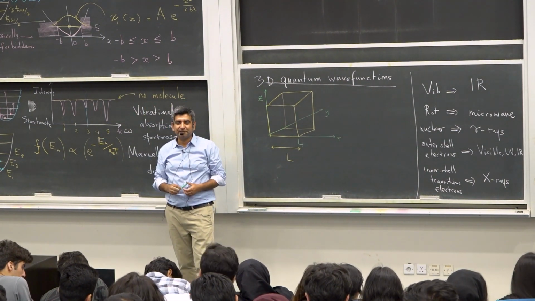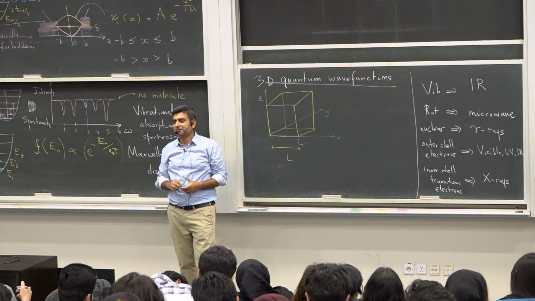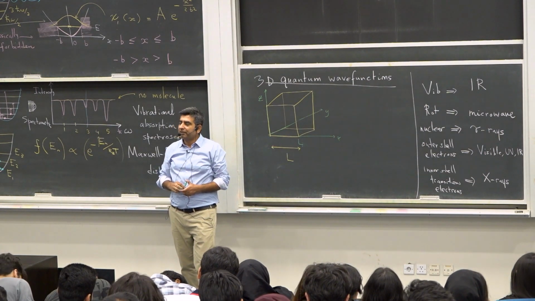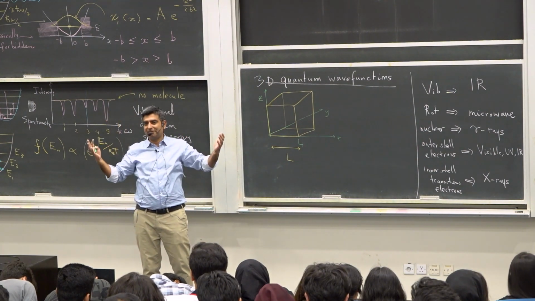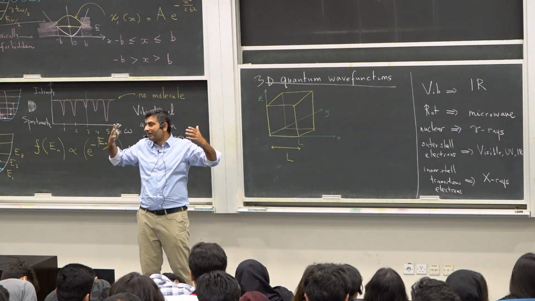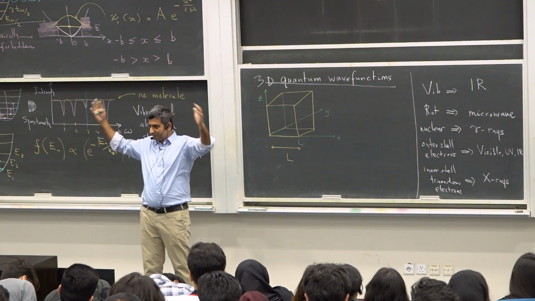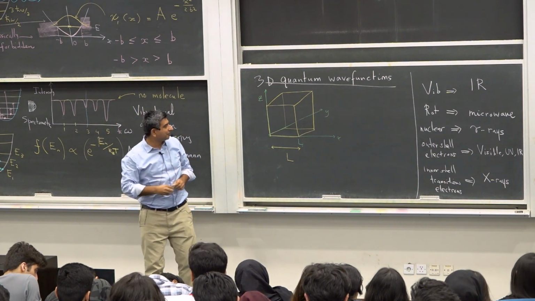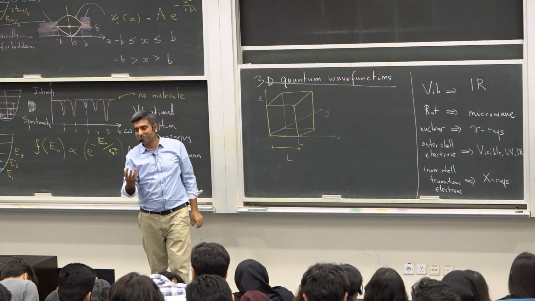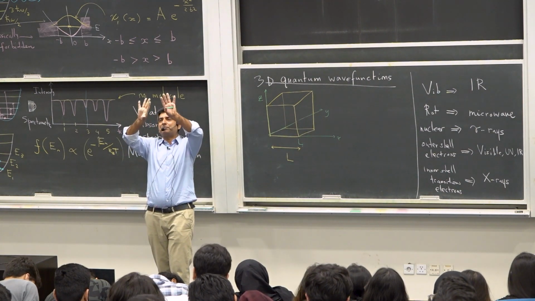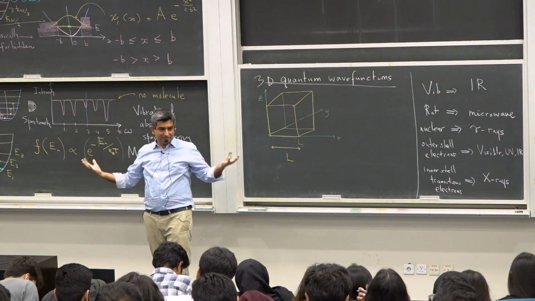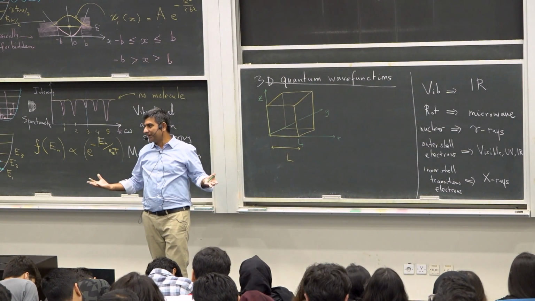It's like a prison cell, a true prison cell. Now the electron is trapped inside, and outside the walls of this prison cell the potential energies are infinite. So it's only inside this cube that the wave function can exist. Outside, the potential energy landscape is infinite. So it's a 3D infinite well.